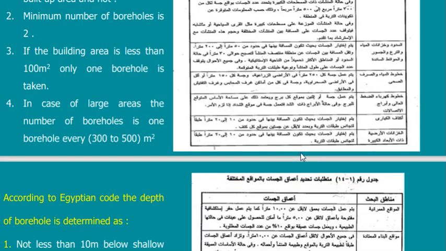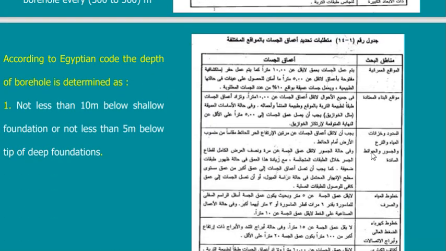What about the depth? Another table gives me the depth. The depth is minimum 10 meters for buildings. If I have a building, then the minimum depth of borehole is 10 meters. But of course, it can increase to more than 10 meters, depending on what we are going to see in the next slides.